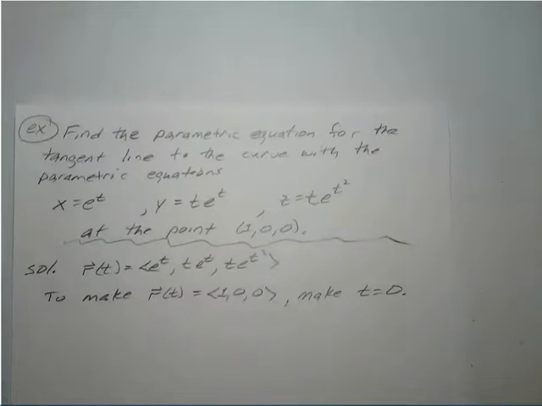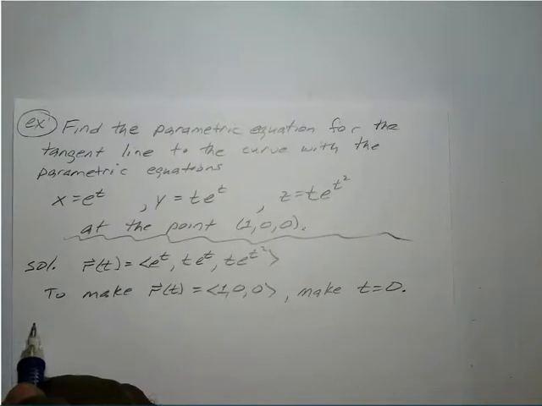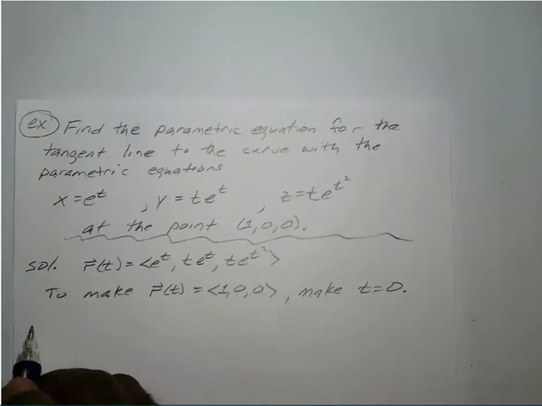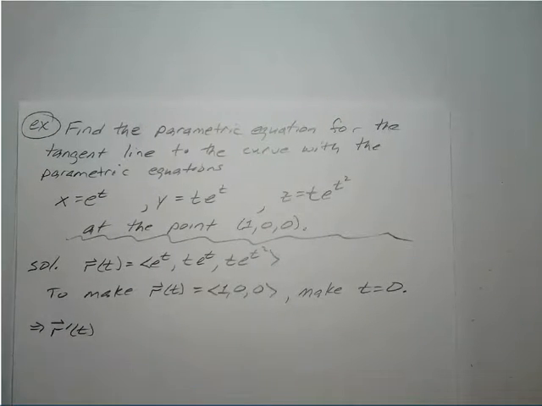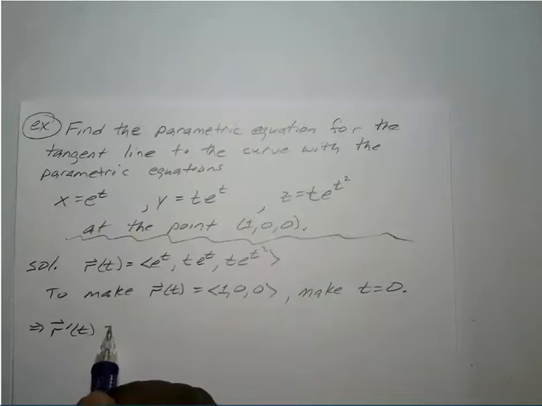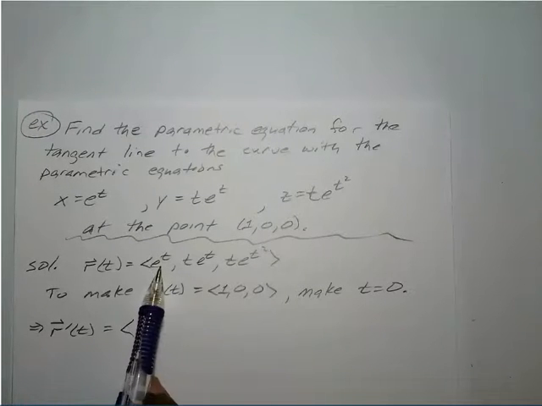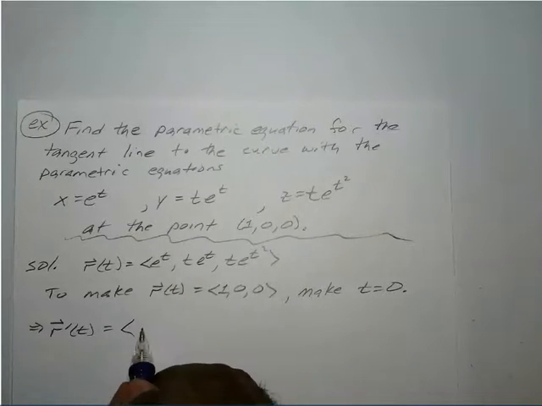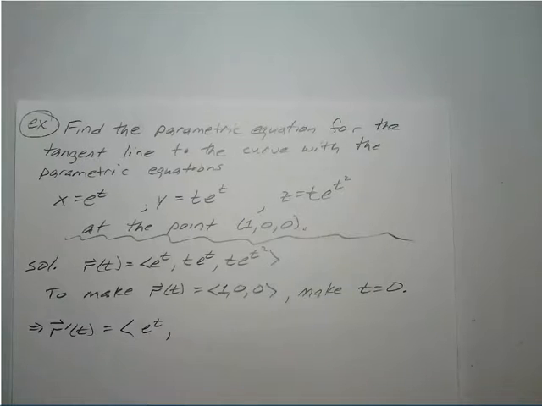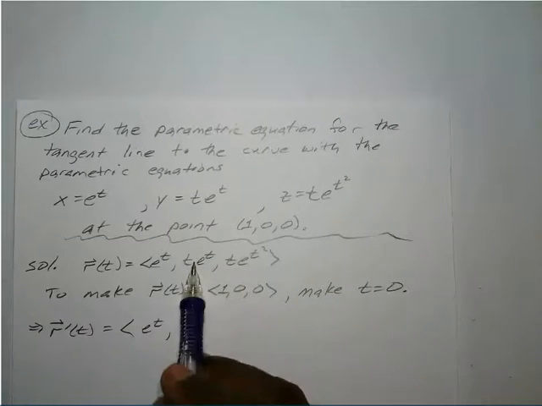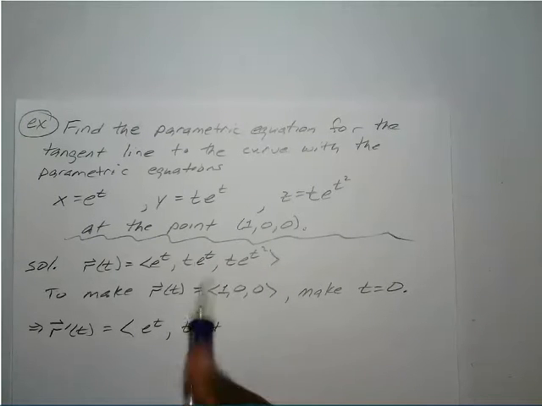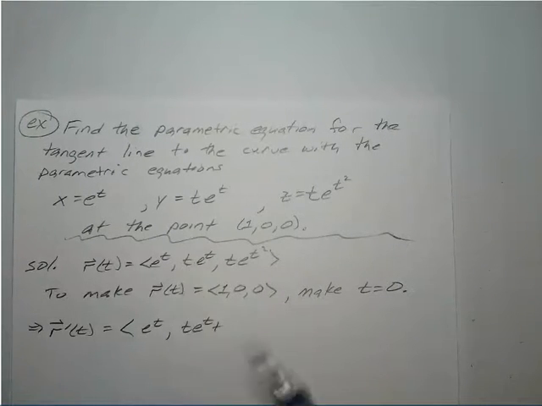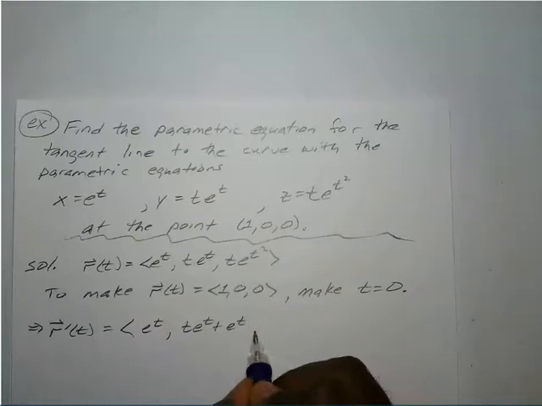So now we just have to find our r prime. So r prime is equal to the derivative of e to the t, which is e to the t. The derivative of t e to the t is first times derivative of the second, so t e to the t, plus the second times derivative of the first, which is just plus e to the t.